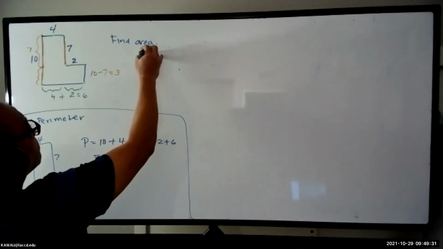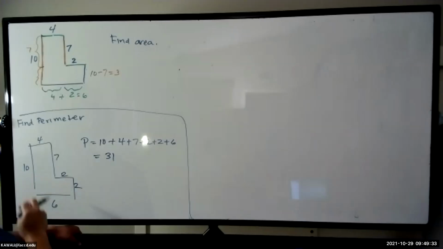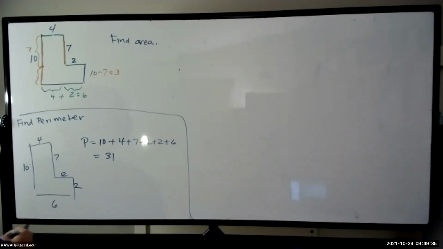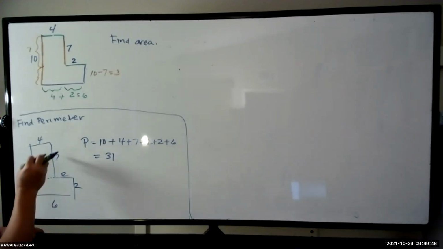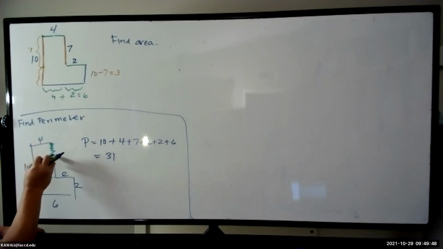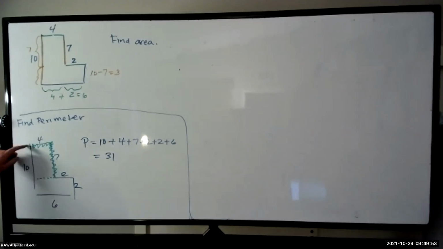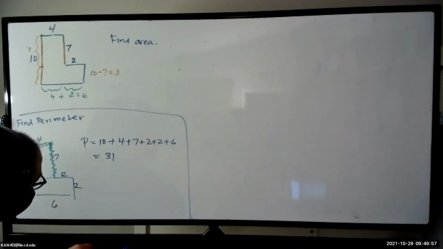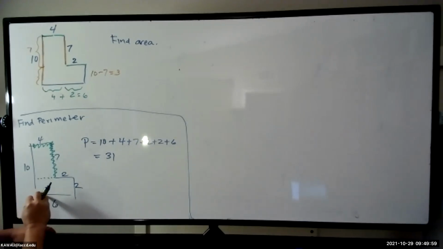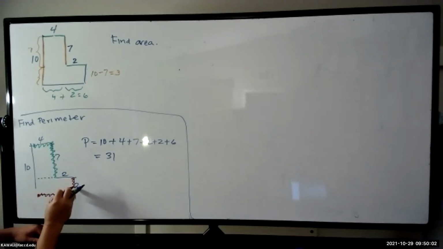So I'll try cutting it here. But you could have just as easily cut it there. Okay. So when I cut it here, the lengths that matter are this one and this one, right? Because this 10 goes all the way to the bottom. And over here on the bottom, the lengths that matter are this one and this one.